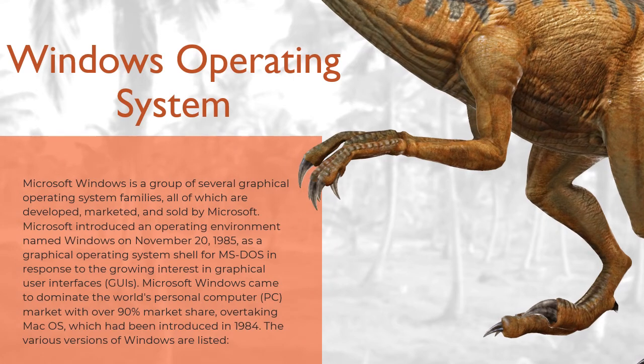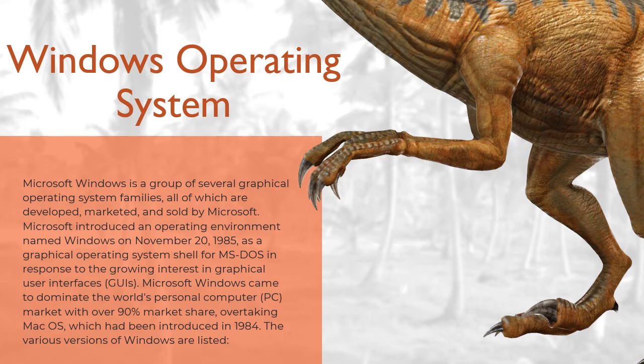So, Windows operating system. Microsoft Windows is a group of several graphical operating system families, all of which are developed, marketed, and sold by Microsoft. Microsoft introduced an operating environment named Windows on November 20th, 1985 as a graphical operating system shell for MS-DOS.